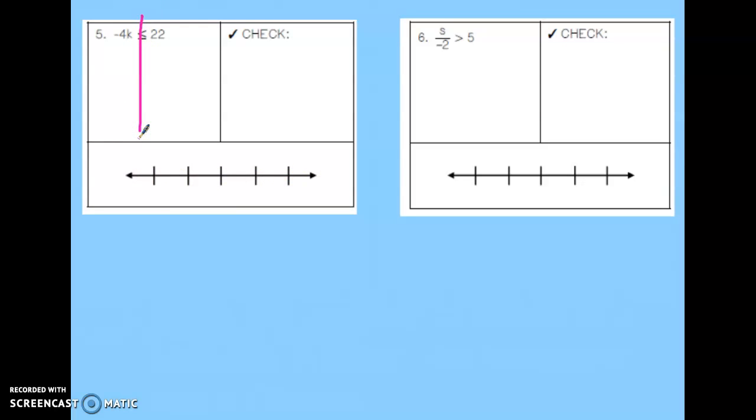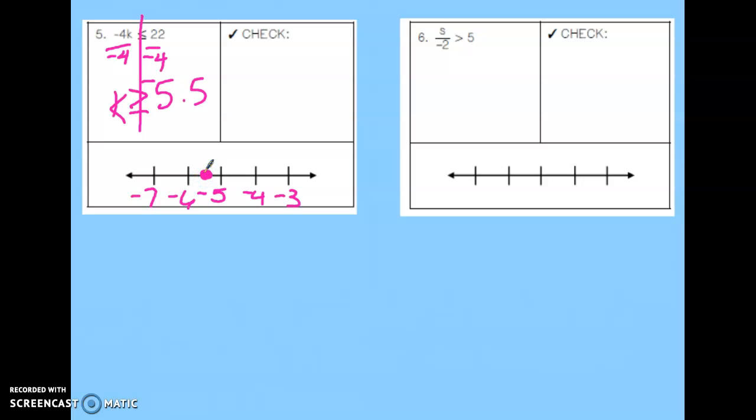So here's our next problem. First thing we've got to do is divide by -4. That's going to give us k. Now remember, we said when we're multiplying or dividing by a negative number, we have to flip our sign. So I'm going to flip my sign, and that's going to give me negative 5 1/2. That's what we're going to take and put on the number line. 5 1/2 of course goes in between the 5 and the 6, so be careful when you're graphing.